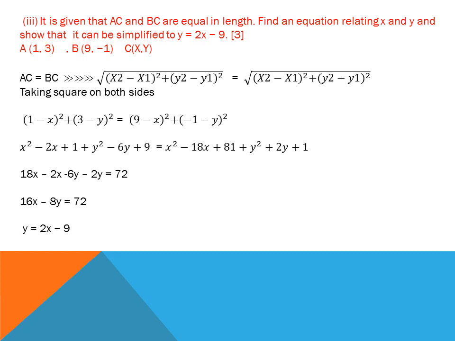So I applied the values: A is (1, 3) and C is (x, y) in the first, and second, B is (9, -1) and (x, y). Taking squares on both sides and expanding the formula here, I find the final value 16x minus 8y is equal to 72, y is equal to 2x minus 9.